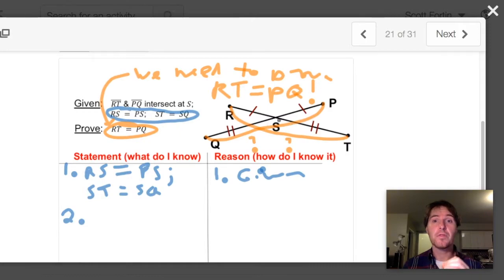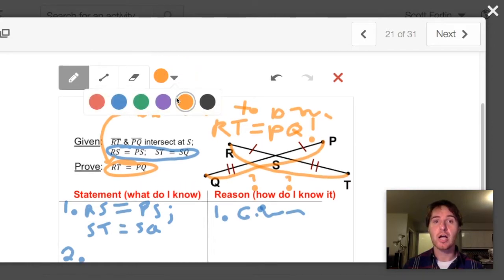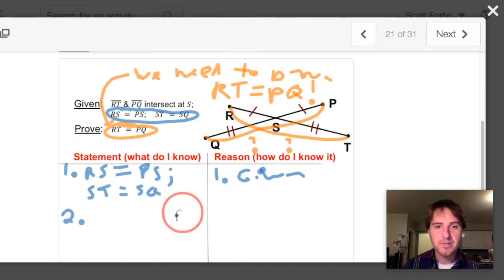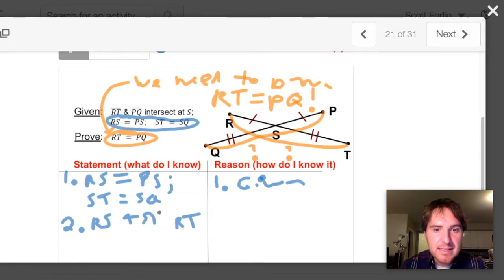What's one thing I can say about RT that's going to allow me to start talking about RT in the proof? I'll put RT right here. What do we know about RT? Well, we're trying to get it to be equal to PQ. Forget about PQ for a second, but what do we know about RT? Well, what we know about RT is that RS plus ST equals RT.